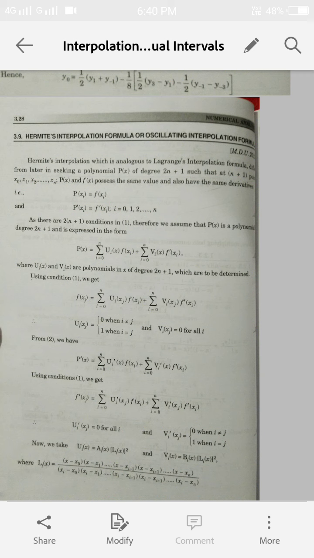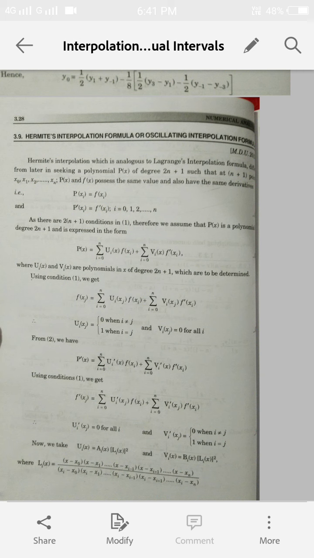So we have written p(x) as a polynomial in terms of the function and its derivatives, where ui(x) and vi(x) are polynomials in x of degree 2n+1 and these are to be determined. Now we use the conditions in 1. If we use these conditions, we see that p(xi) is equal to f(xi) for i equal to 0, 1 to n, and their derivative values are also the same at these points.